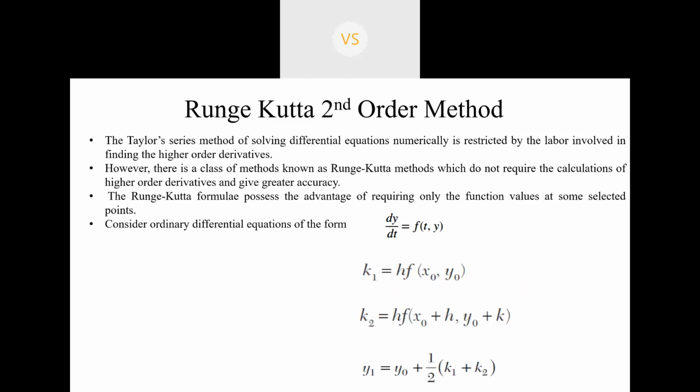One function will be given to you. You have to substitute the values of x and y, and then find the final value of y1, which is equal to y0 plus half k1 plus k2. So this is the second order method. Like this, there are first order, second order, third order, fourth order. For your syllabus, you have only second order and fourth order methods. Now we'll see the fourth order method.